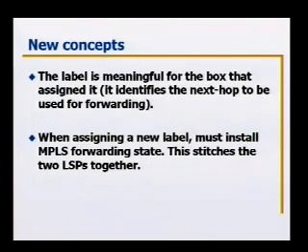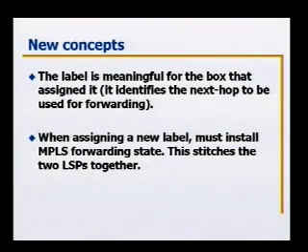So what are the new concepts that we've seen here? We've seen that the label is meaningful on the box that allocated it, on the box that assigned it, because it identifies the next hop to be used for forwarding. So every time we assign a new label, we also must install the forwarding state that stitches the new label that we assign to the correct forwarding state that will carry the packet to the final destination.